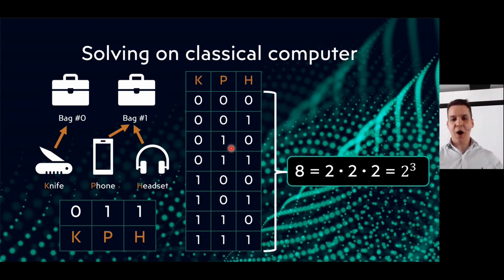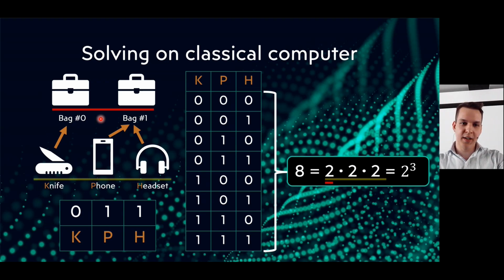So, and now you can say, okay, we have 8 possibilities to put the 3 items in. And we have 2 conditions. We have a bag 0 and bag 1. So we can see here, this red line is the 2 conditions, bag 0 and 1 is representing this number 2.